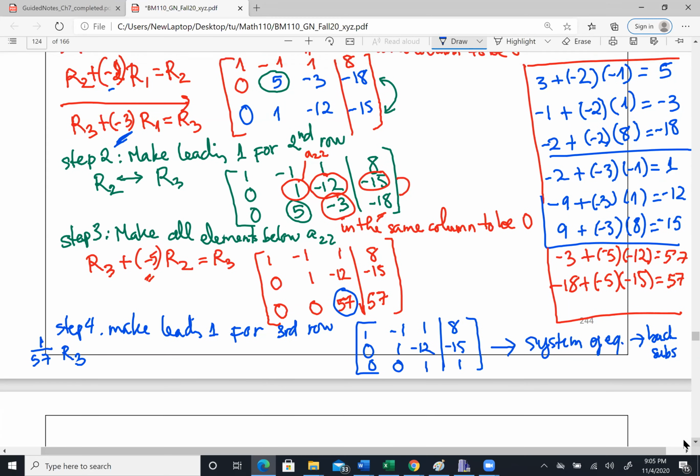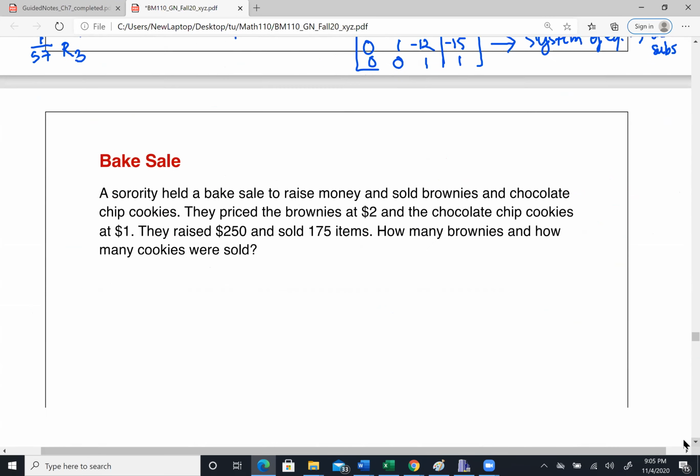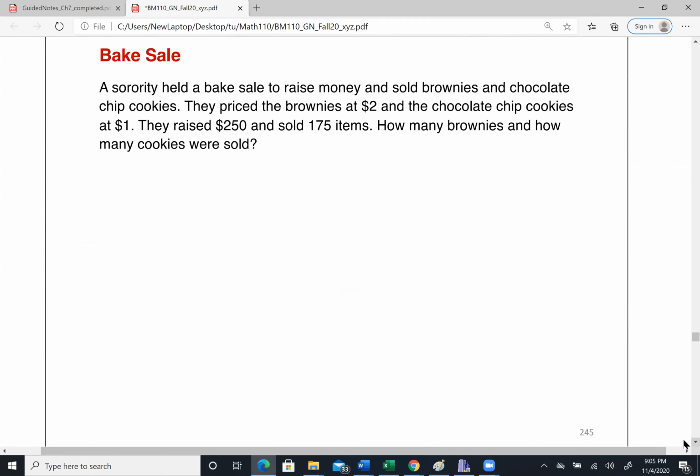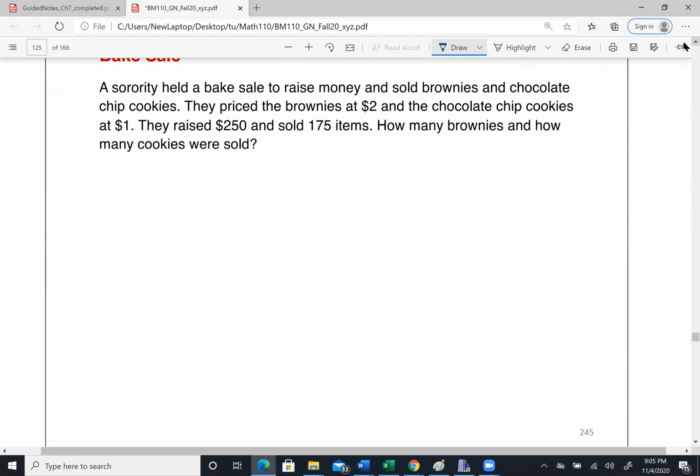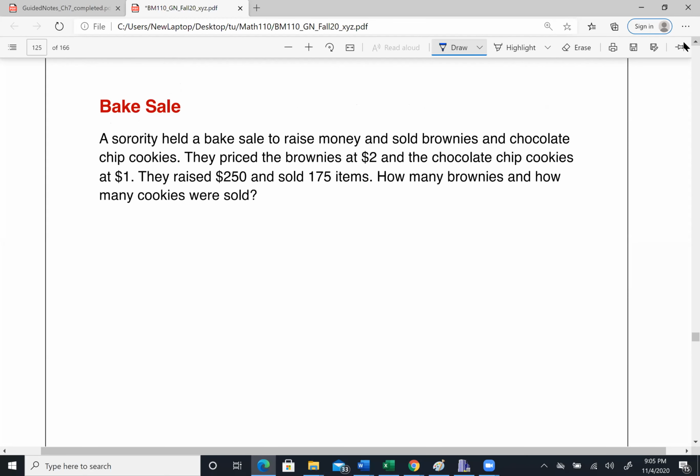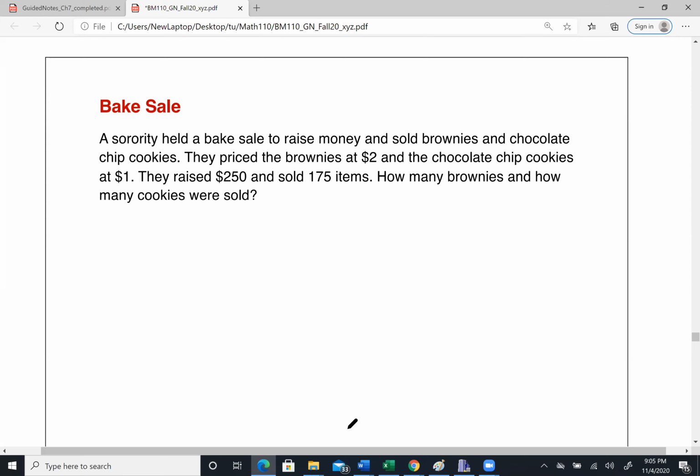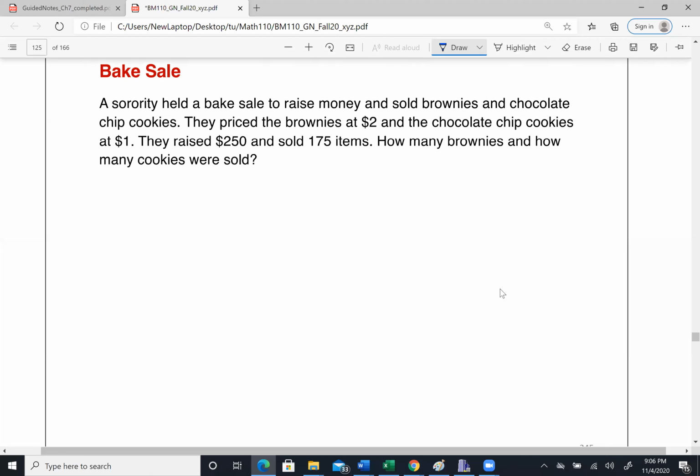Okay, now we move down to the next page. Okay, a sorority held a bake sale to raise money and sold brownies and chocolate chip cookies.